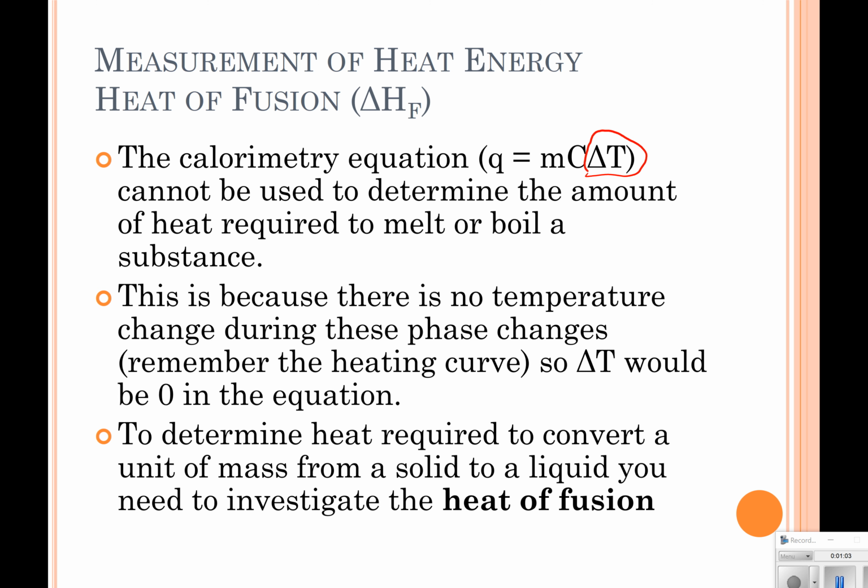And we can figure out how much energy is being absorbed or released during that change. But we can't use this calorimetry equation to determine how much heat is required to melt or boil a substance.